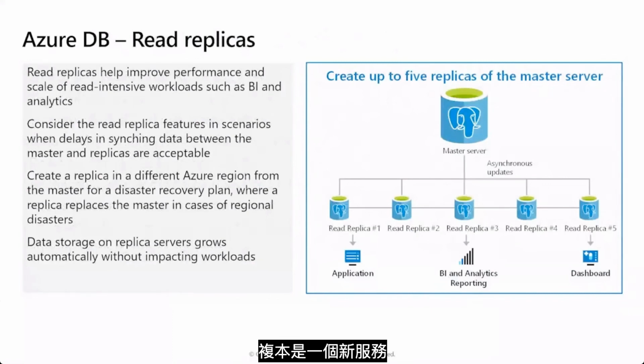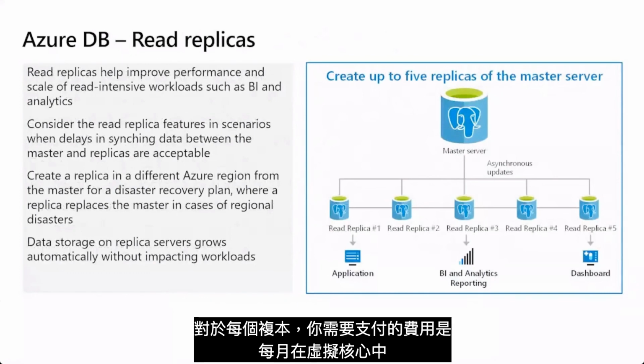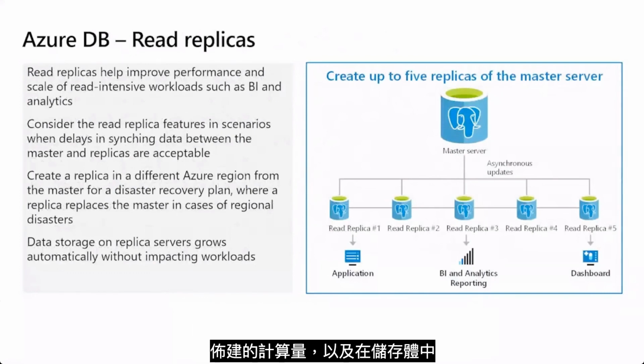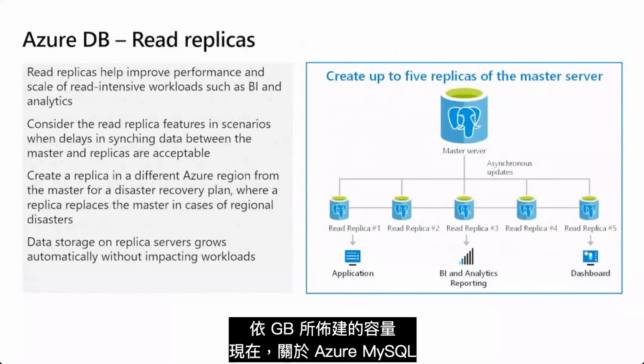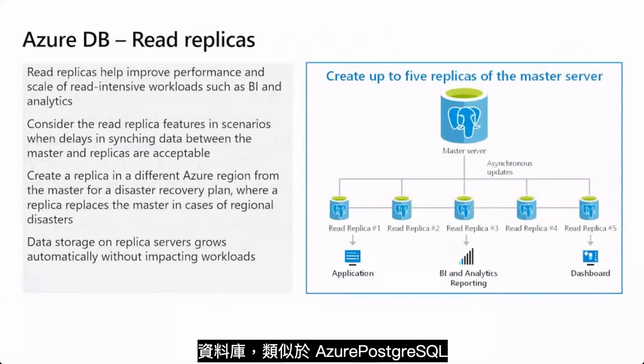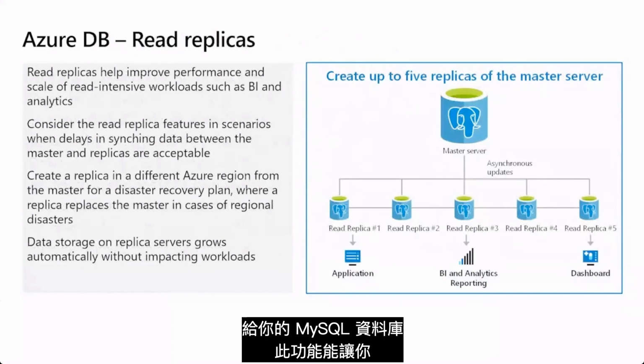So replicas are a new service that you need to manage, similar to regular Azure databases. So for each replica, you're actually billed for the provisioned compute in virtual cores and storage in gigabytes per month. Now for Azure MySQL database, similar to the Azure PostgreSQL database, you can again create up to 5 read replicas for your MySQL database.